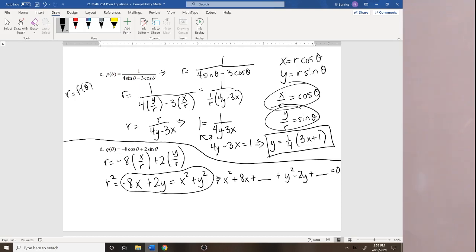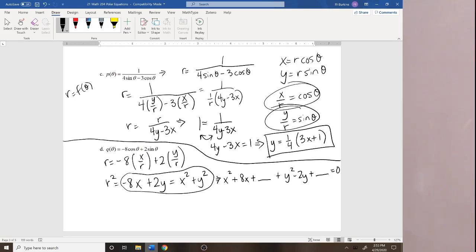Anybody have an idea why I left those spaces? So you're both almost right.